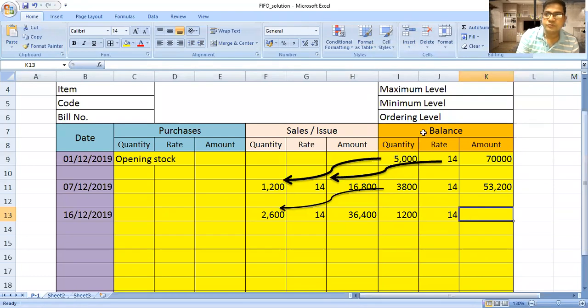1,200 into 14. Use your calculator. Yes, Suraj, Amit, Shraddha, Dhanan, Dhanji, Sahil, Krutika, Vinayak, Tanmay, Tanvi, Nishant also, Trupti, Chavan also got the answer, that is 16,800.